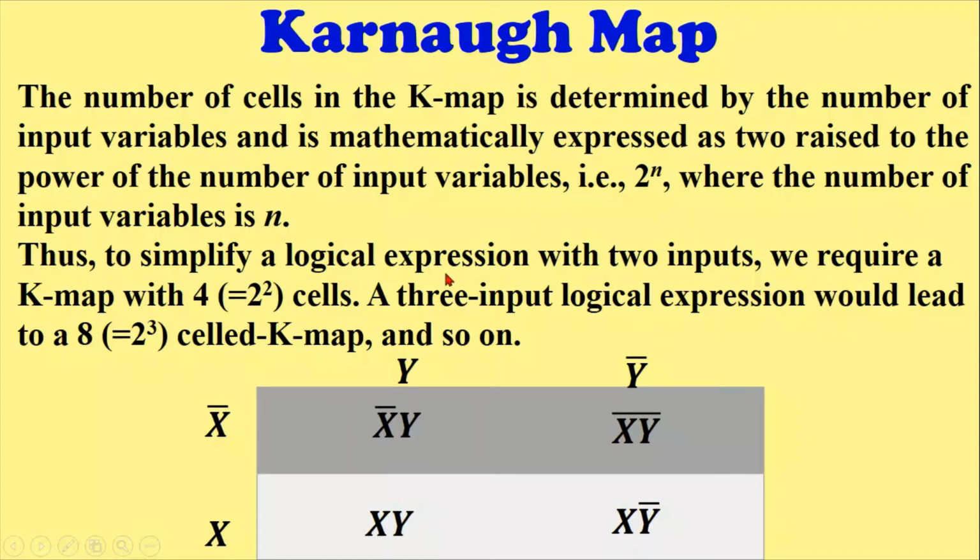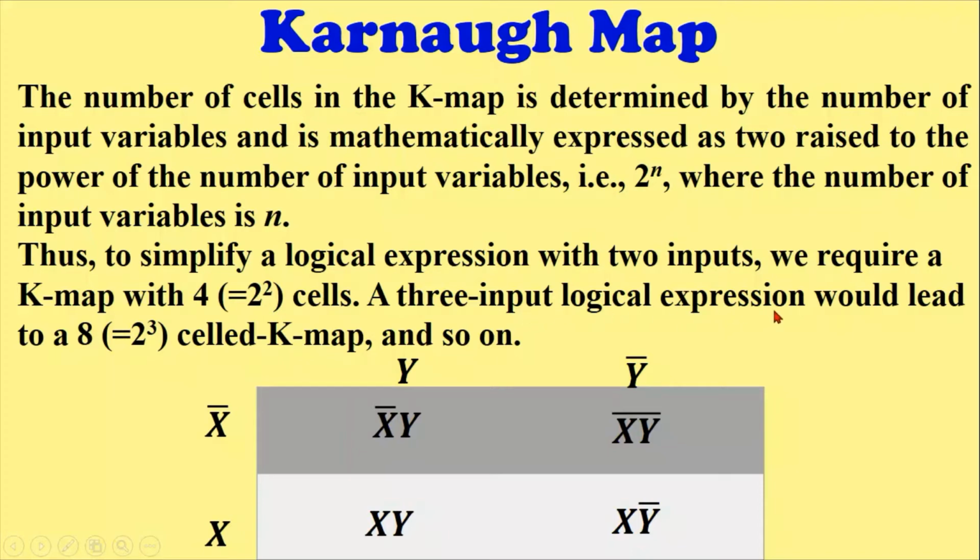Thus, to simplify a logical expression with two inputs, we require a K-map with 4 squares or 4 cells. Means 2 to the power 2, where n is 2. For example, the number of variables is 2, a and b or x and y. So 2 to the power 2 means 4 cells.